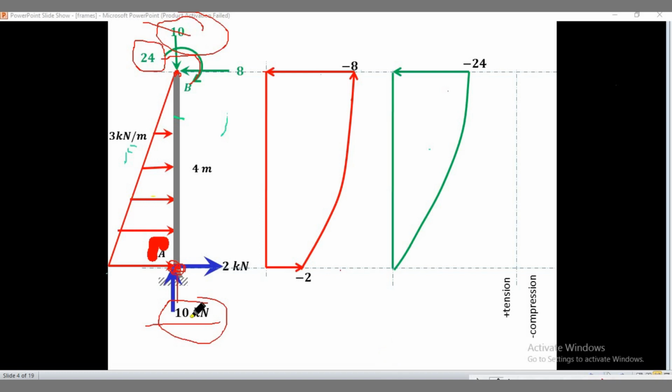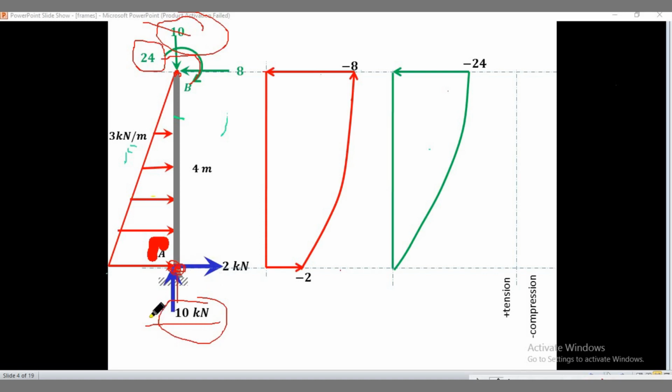Now, dito sa may axial, you have to take note that the forces should be parallel to your member. Parallel, kapag sinabing parallel, magkalinya, they will never meet, kumbaga.